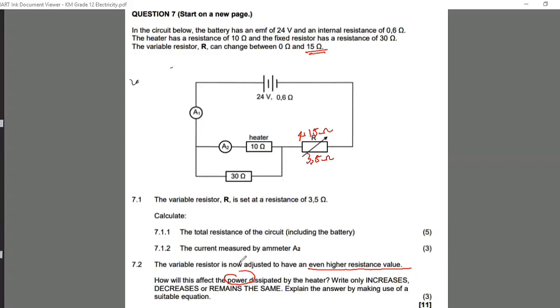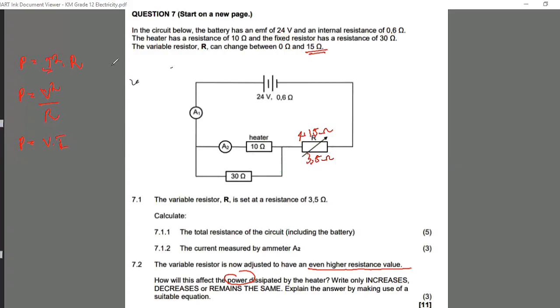Remember, power is directly linked to current, right? So we know that power is I squared times R, right? And then let's try to link it to current. We know that there are also other equations for power which are linked to the voltage, right?